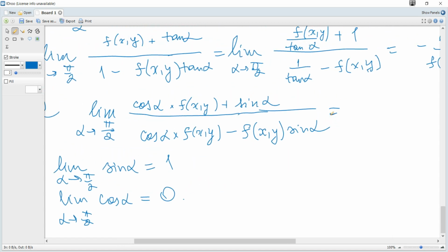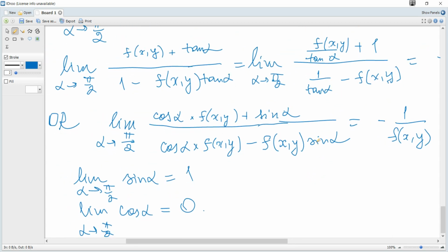So it just becomes 0 plus 1 over 1 minus 0, so we get negative 1 over f of xy as required. And that's all for this question.